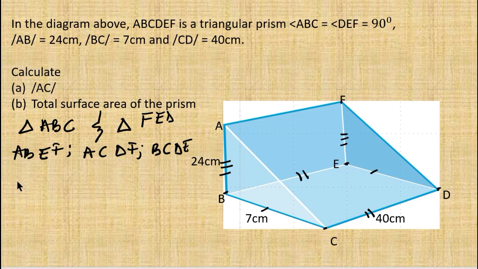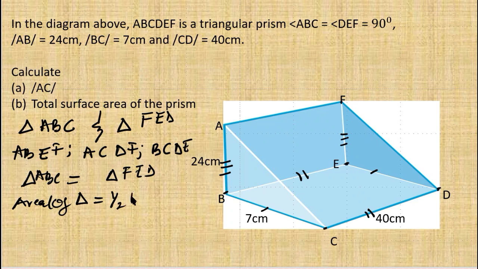For triangle ABC and triangle FED, you see that triangle ABC is equal to triangle FED because they have the same dimensions, so their areas will be equal. The area of a triangle is given as half base times height.